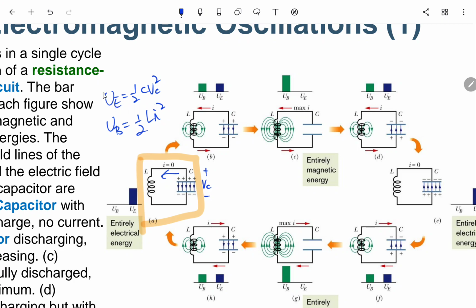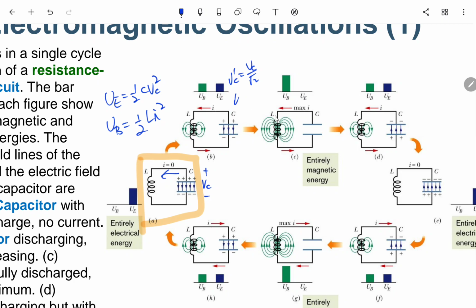If UE prime is half of UE, then VC prime should be VC over square root of 2, then the energy becomes half. And the other energy goes to the inductor, stored in the magnetic field, the B field induced by the inductor.